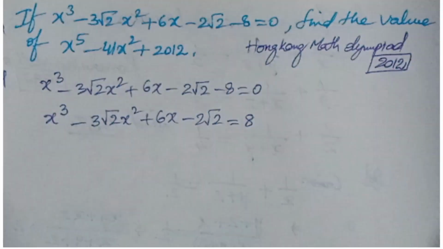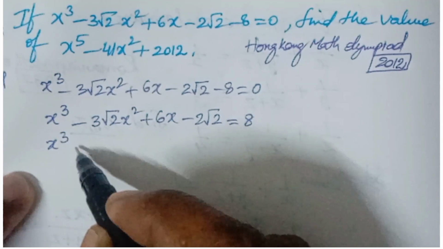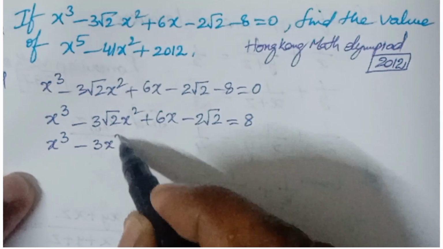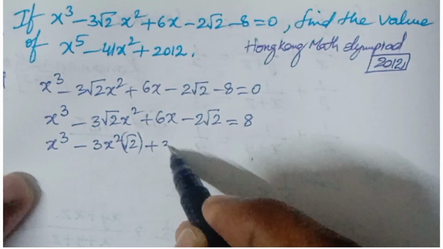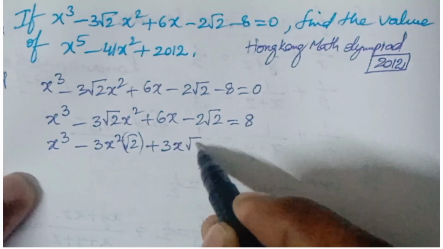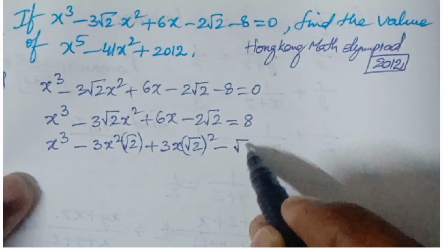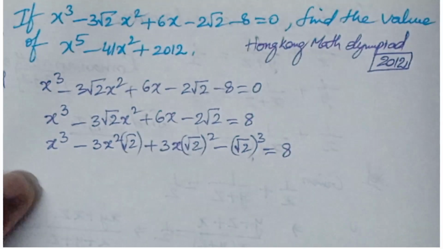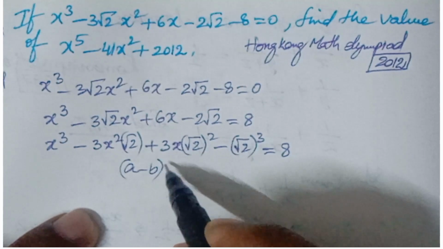Here the value x cube minus 3a square b plus 3ab square minus b cube, so this is in the form of a minus b whole cube.